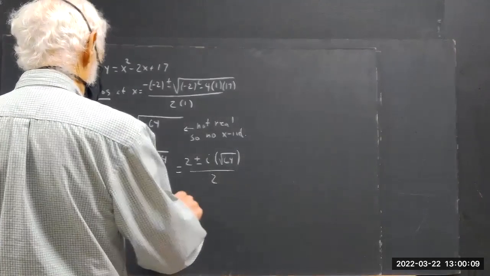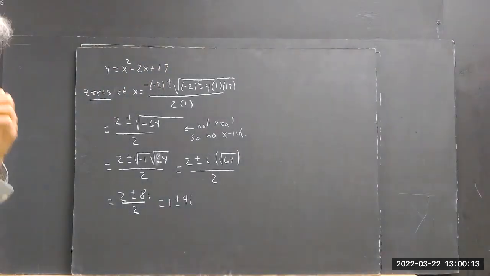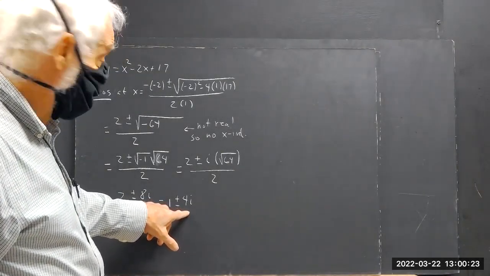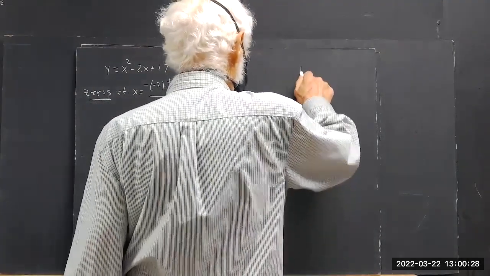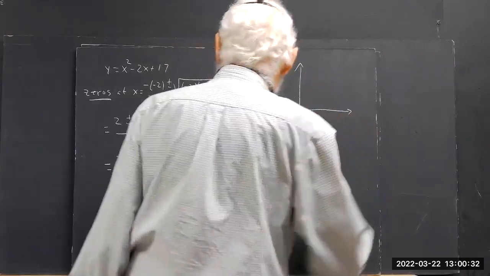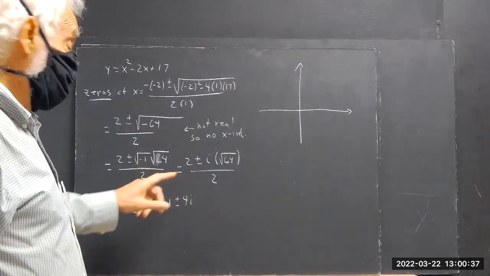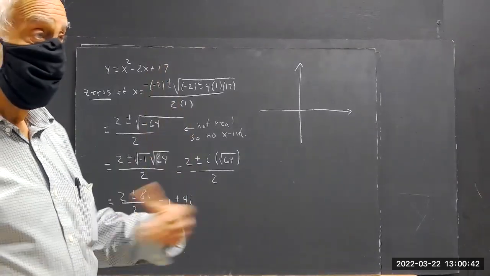Of course, that's 1 plus or minus 4i. Well, that's not as helpful as you might hope because, again, there are no points on the x-axis. It's not a real number. But one thing you can say is halfway between 1 plus 4i and 1 minus 4i is 1, whatever 4i is.